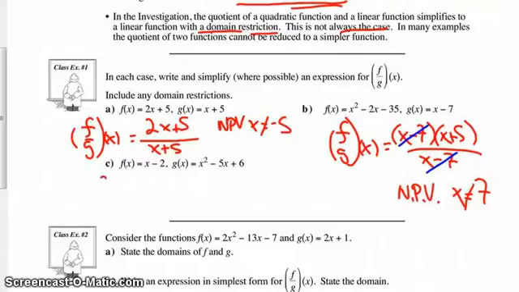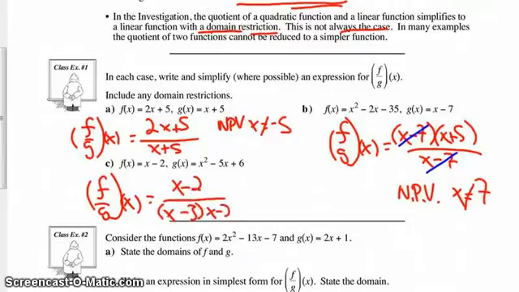And in C, we have f over g at x, and that is going to be x minus 2 all over x minus 3 times x minus 2. And we can clearly see that that will cancel, but now our non-permissible values, or restriction on the domain, is x can not only not equal 3, but it may also not equal 2 as well.